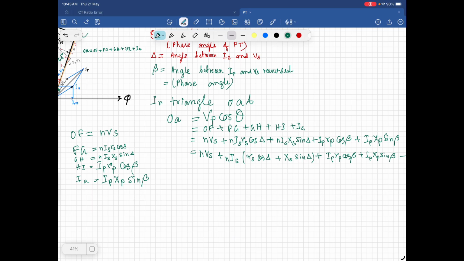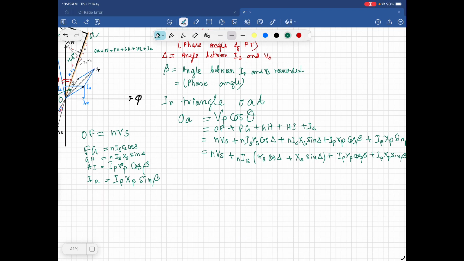Now we have to draw one perpendicular line from I0 and the phasor sum of I0 and Is by n, that is Ip.